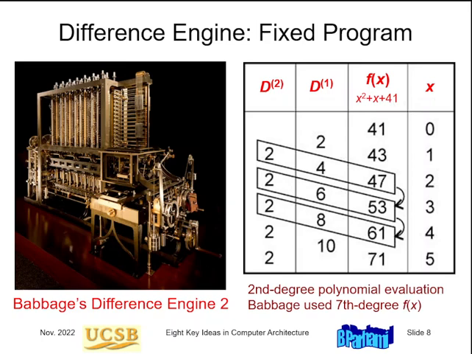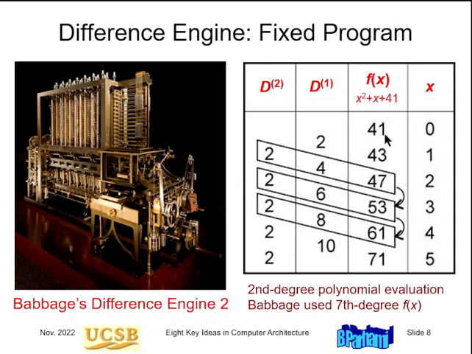But if I want to compute this function for a whole bunch of values of x, there's an easier way that does not involve any multiplication. Now, in the days of Babbage, adders could be designed fairly easily. Even then, the adder was a huge machine if you wanted to have a lot of digits in it for accuracy.